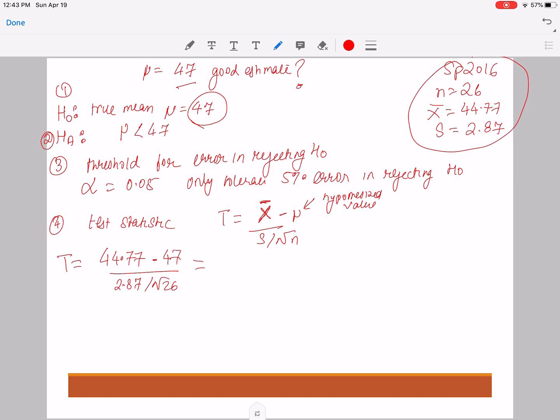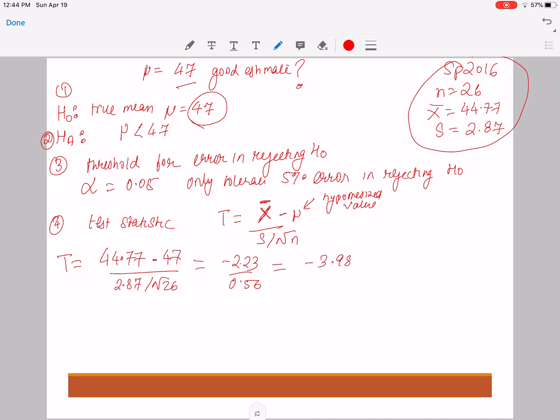So let me really quickly calculate this value and see what the value of the test statistic is. So negative 2.23 divided by 0.56, giving me negative 3.98.